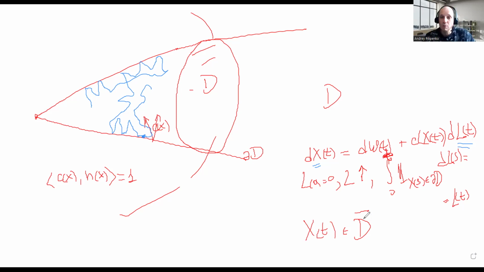No, not D. Excuse me, thanks a lot. D is the intersection, K is the cone, and this is the boundary of the cone. And X should be inside the cone.